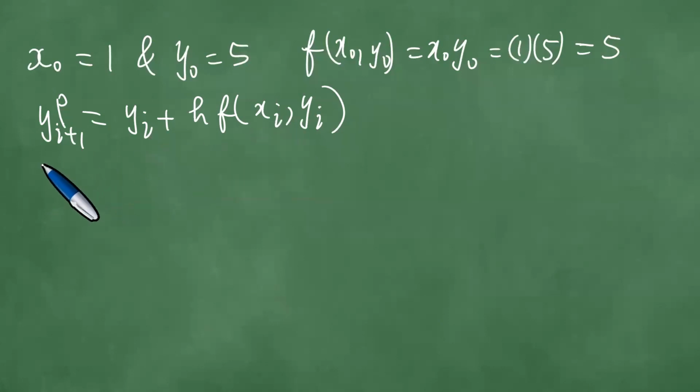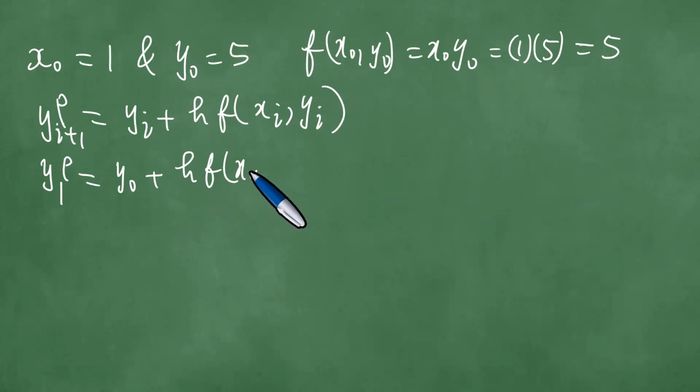If you are to get, for instance, a y1 here, this is going to be y0 because you already have a y0. So the next thing you need to get is a y1, for the predictor and the corrector. So we have f of x0, y0.